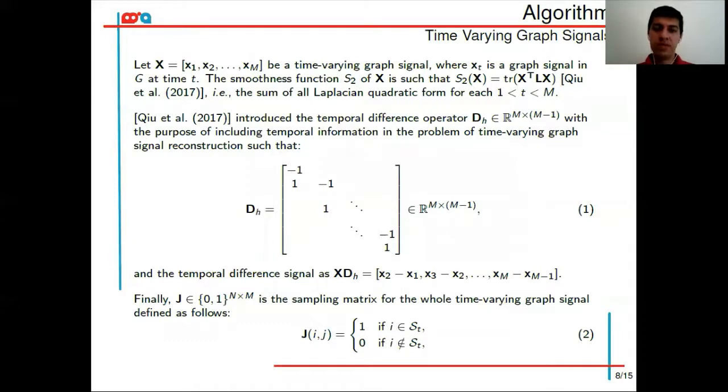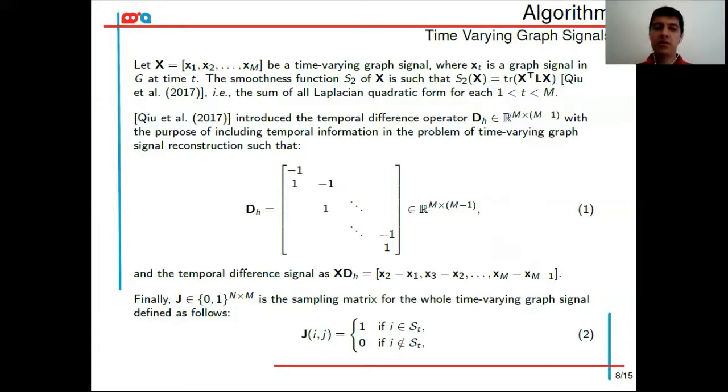Basically, we have this X matrix that is the time-varying graph signal, in which X1 is the graph signal on the first day, X2 is the graph signal on the second day, and so on.